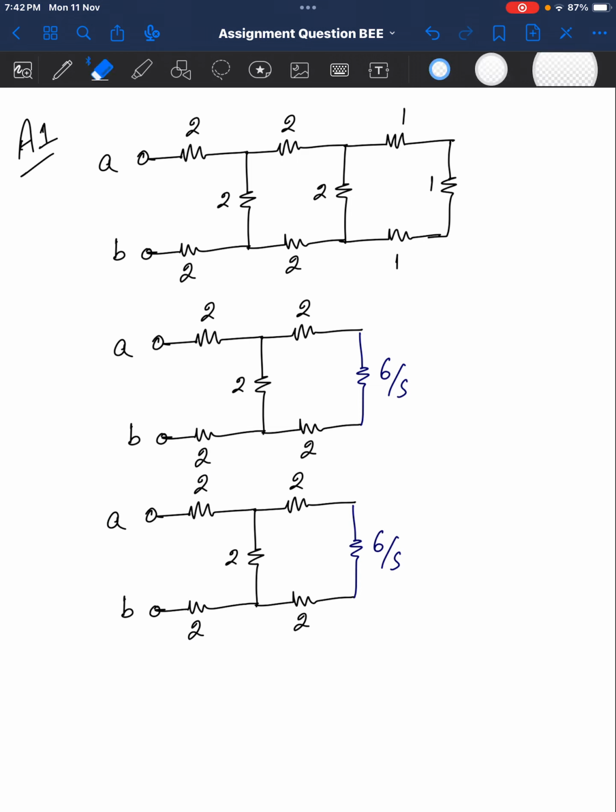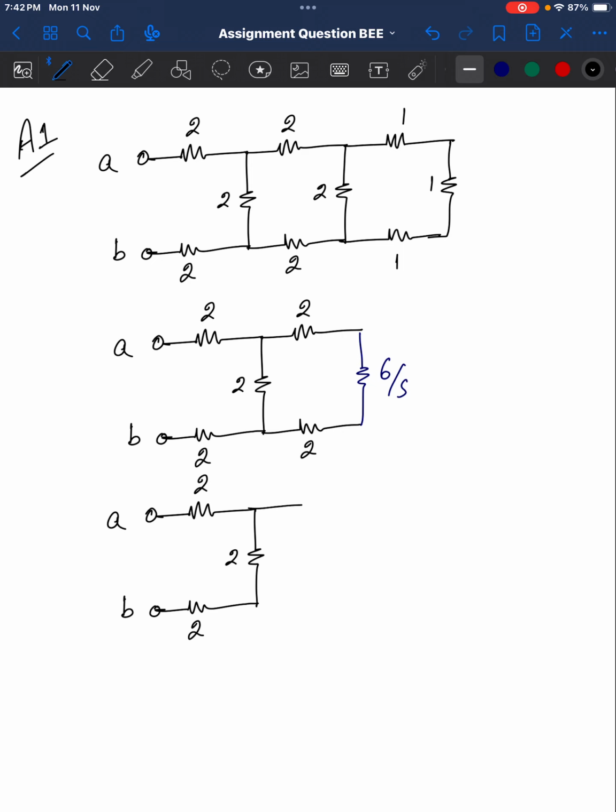Now we will remove these three and instead place one resistor over here. So what is this resistance? This will be 6 by 5 plus 2 plus 2, or 6 by 5 plus 4. So that will be equal to 26 by 5. So I can write here 26 by 5.